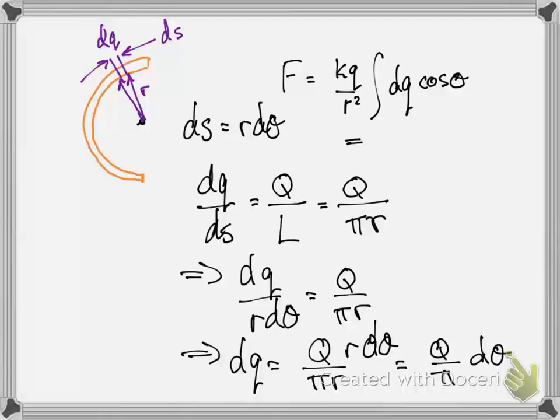So now the net force on my test charge, I never drew my test charge back in this picture, is kq over r squared times the integral of dq, which is now q over pi d theta, times the cosine of theta.